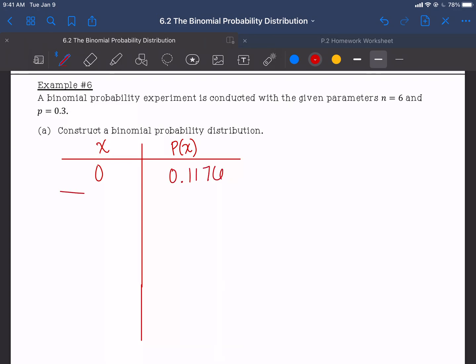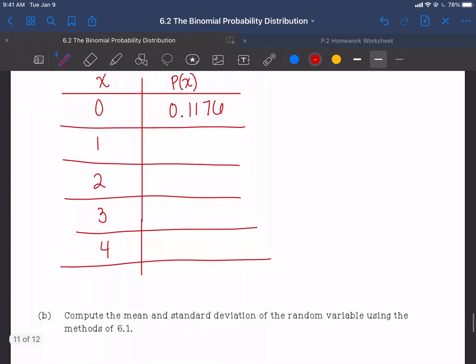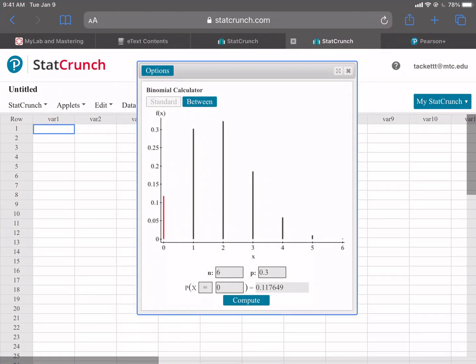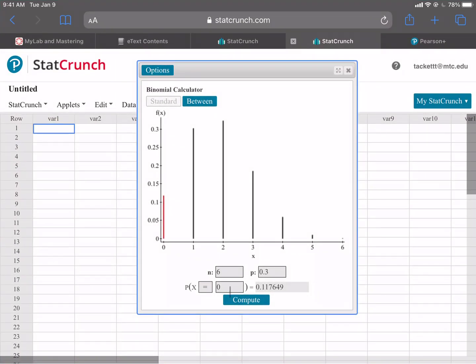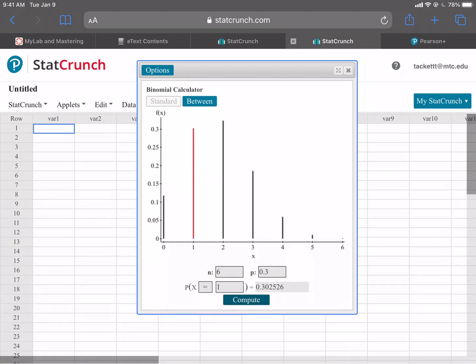Okay, x could be 1, x could be 2, 3, 4, 5, and 6. So I'm going to go back and do that for each one. So the probability of x being 1 is 0.3025.